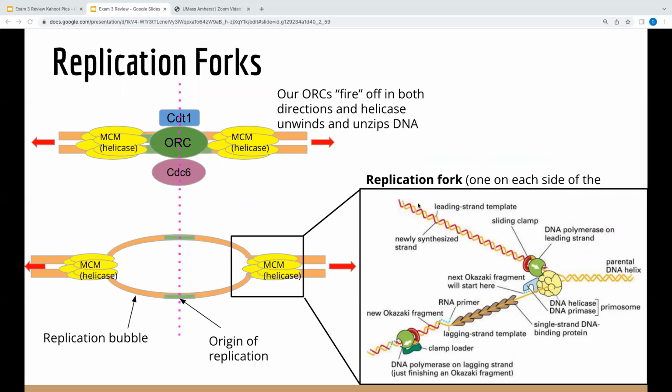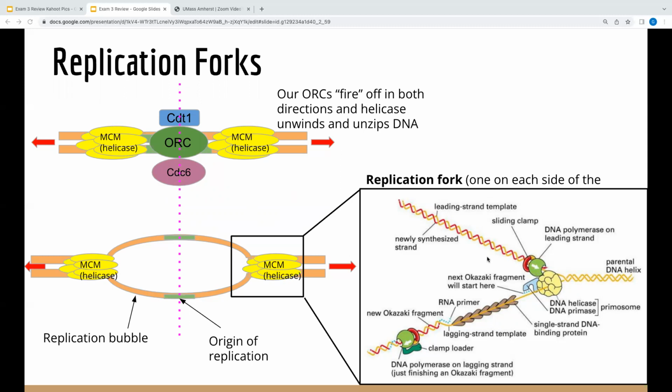So the ORC will fire, like I said, and so this just shows that in more detail. We have the helicase unwinding the DNA strands, and sliding clamp will clasp on both sides, but on this side right here, it's a bit simpler to look at for the leading strand. The sliding clamp will clamp on and attach DNA polymerase onto the leading strand.